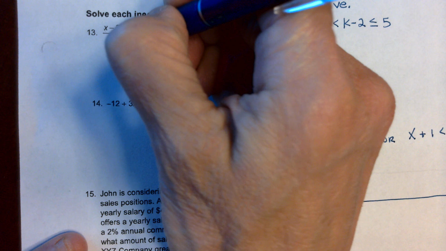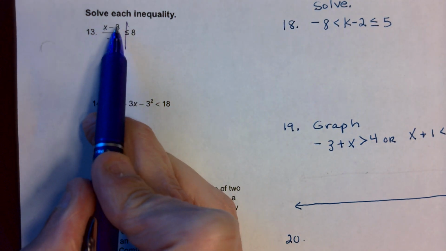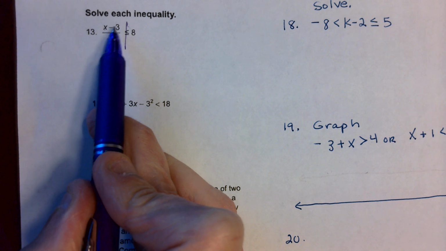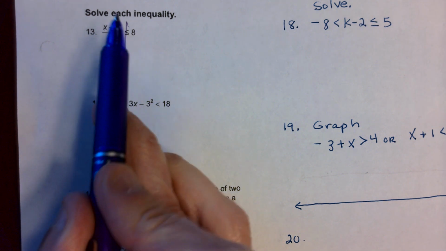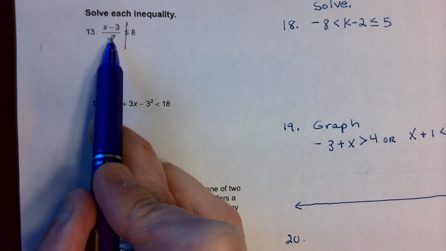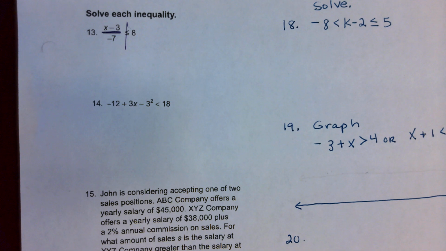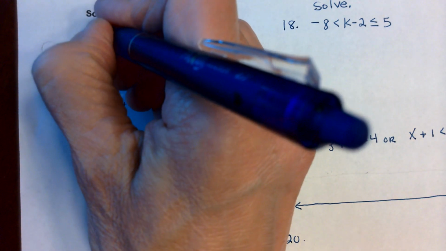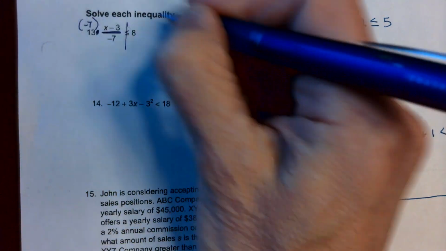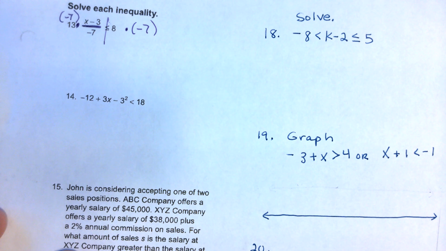Draw the line, locate the variable. Remember, this is all on the top together, so you can't take this -3 out. Okay, that goes together. The best thing you can do whenever you see something like this is get rid of the fraction, and the way you do it is by doing the opposite. See how it's dividing by a -7? Do the opposite. Multiply by a -7. And again, what did we just do?